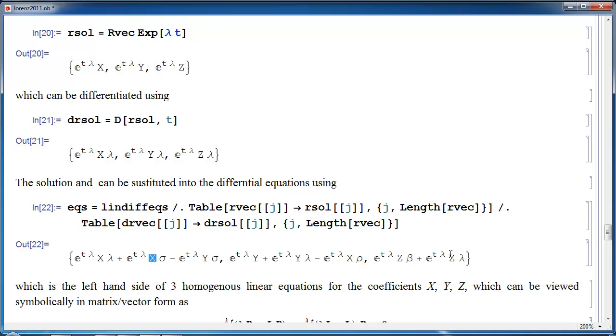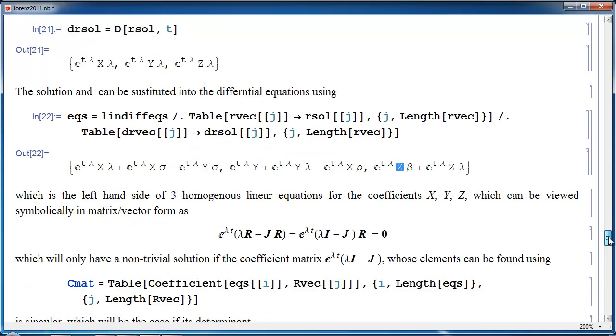So this is actually, if we set it equal to 0, a set of homogeneous linear equations for the three components of the constant vector. And we can look at that in the form of mathematics.